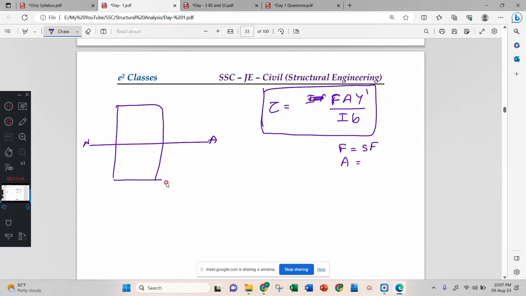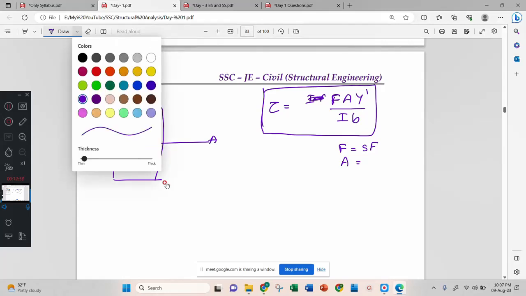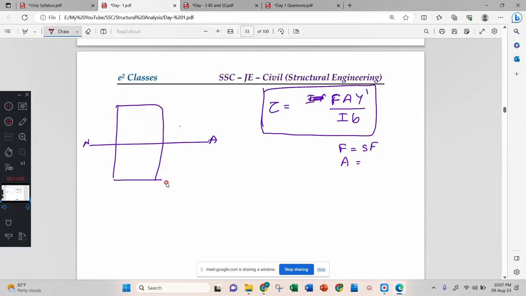A means you have to mark one interested fiber. Let us consider this is your interested fiber, and A means area above the interested fiber. Area above interested fiber means this area.